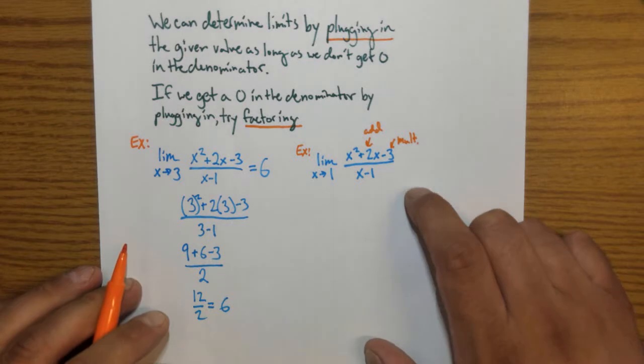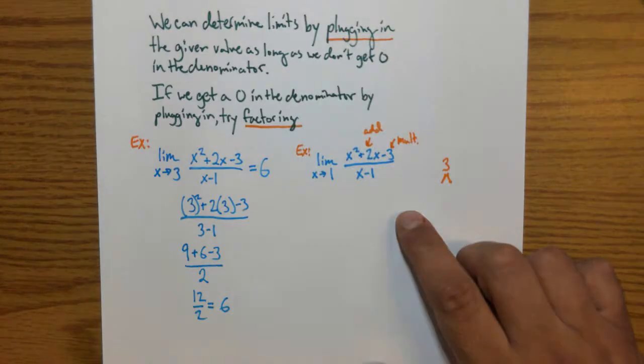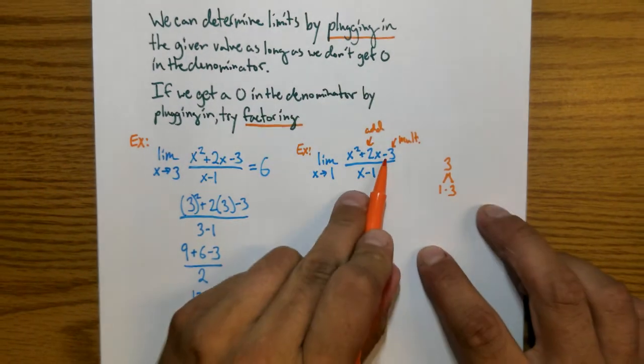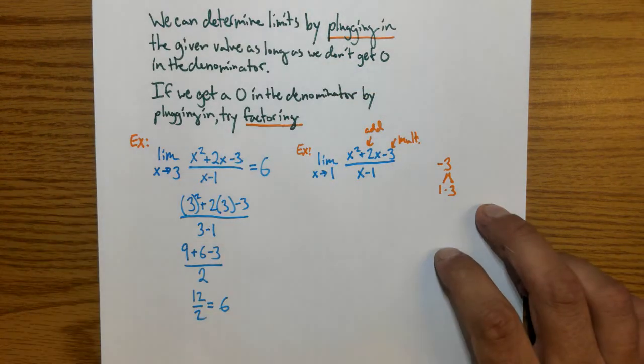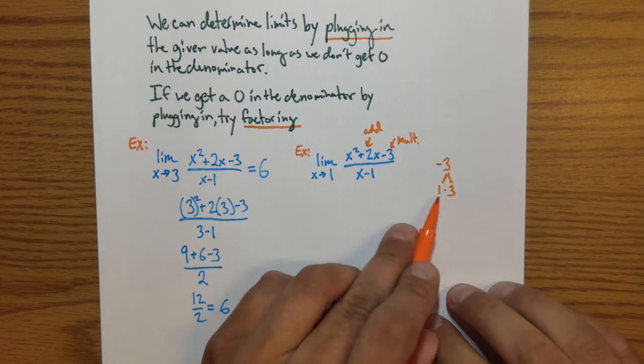So remember, I like to create my little tree here, and 3 is really easy. There's only 2 factors to 3, and it's 1 times 3. But we're multiplying to a negative 3. So remember what that means in terms of the rules of multiplication of negatives and positives, or of integers, and that is that to multiply to a negative, one of these needs to be negative.